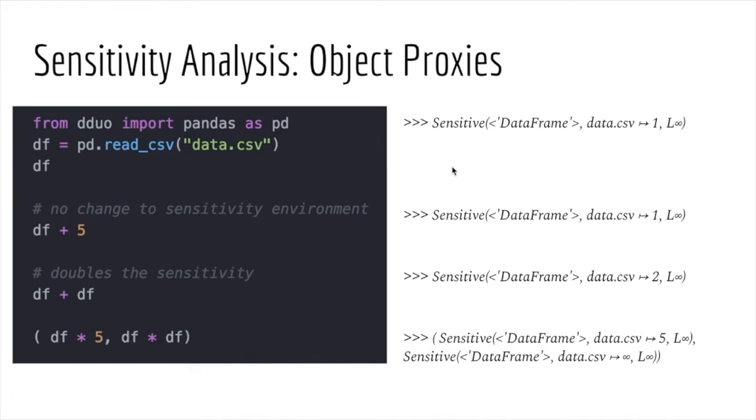Here, the data source wrapper object is called a sensitive object. Sensitive objects represent sensitive information that cannot be viewed by the analyst. When a sensitive value is printed out, as we see on the right here, the analyst sees 1, the type of the value, which is a data frame in this case. 2, its sensitivity information, which is this dictionary or environment here.